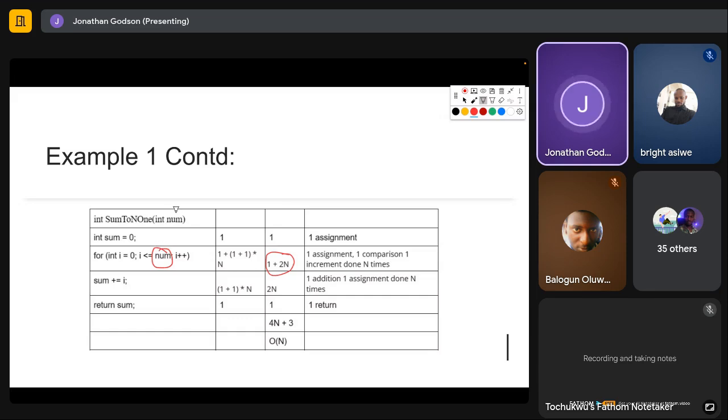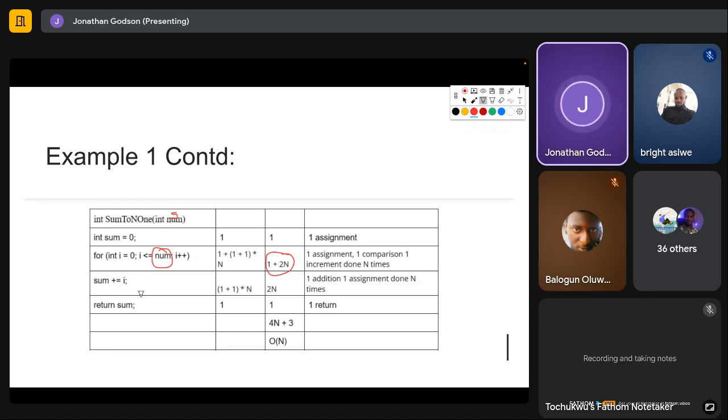If we have 5 here, this operation will happen less than or equal to 5 times. This is the termination criteria for this for loop. We want to deduce the running time of this algorithm step by step.